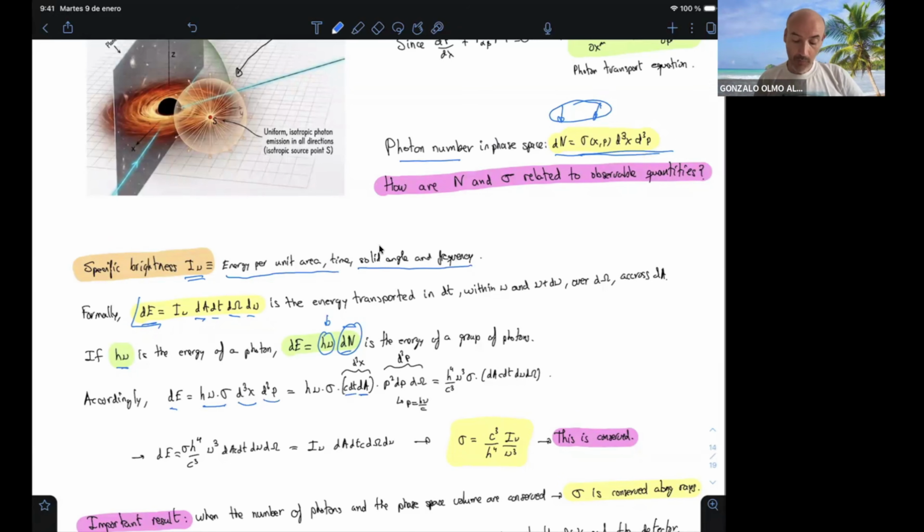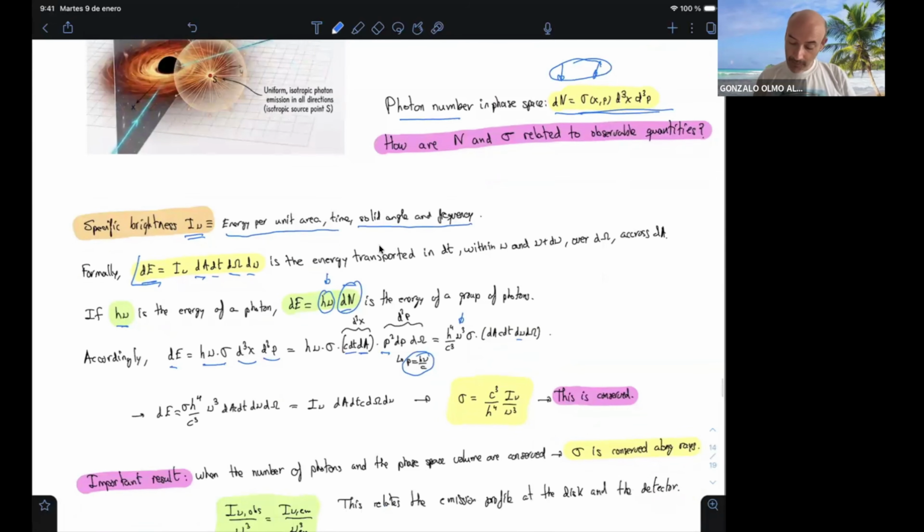And then the volume in momentum space is just p squared dp, but this p per photon is written as h nu, the frequency. So we can replace the momentum p by frequencies, and then we have in the end this nu cubed here, this differential of nu. And we find that this sigma is related to the specific brightness by means of this relation, okay?